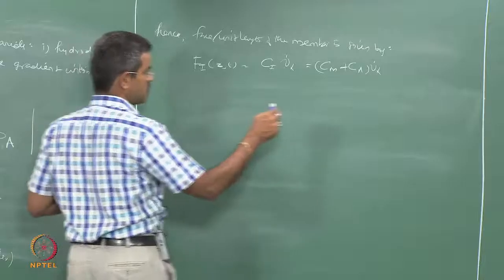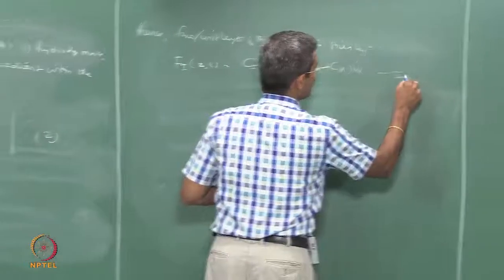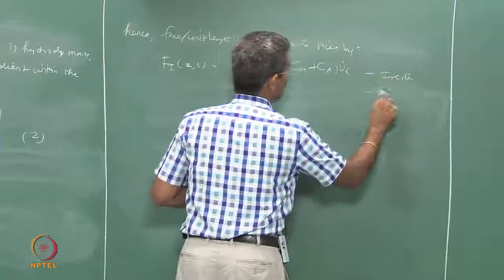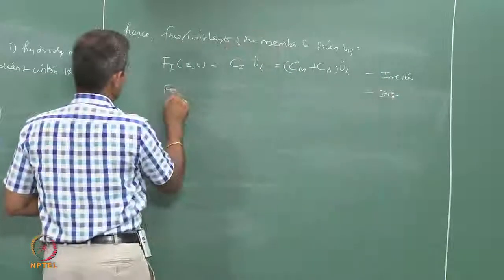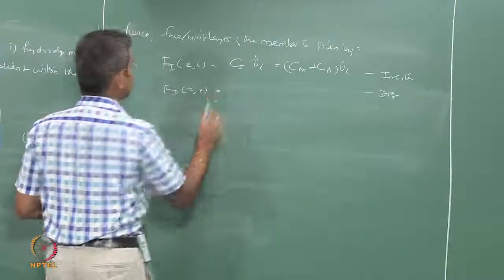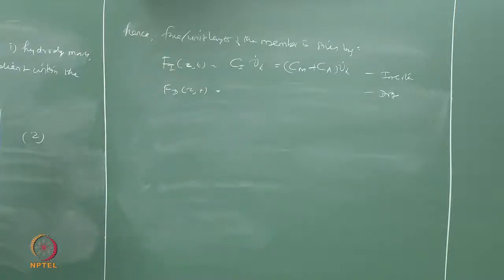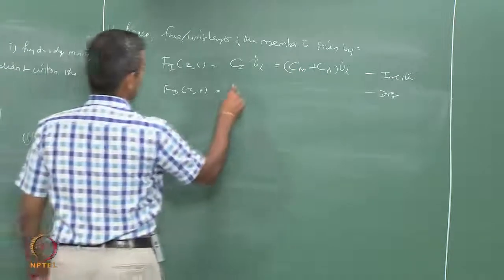That is the inertia force. Now the drag component Fd for unit length of the member is given by half rho Cd D.